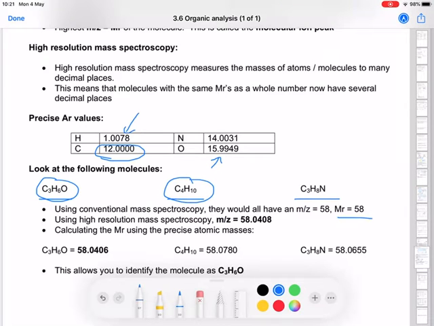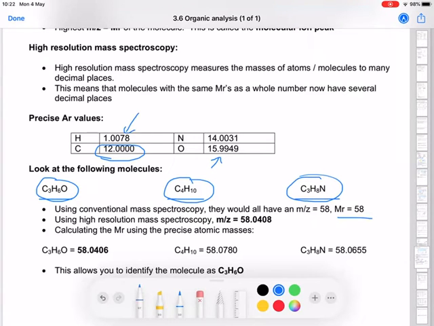So to 4 decimal places, the mass of C4H10 will be slightly different from C3H6O. And again, if we look at the final one here, C3H8N, it has an Mr of 58, but to 4 decimal places, it will be slightly different.